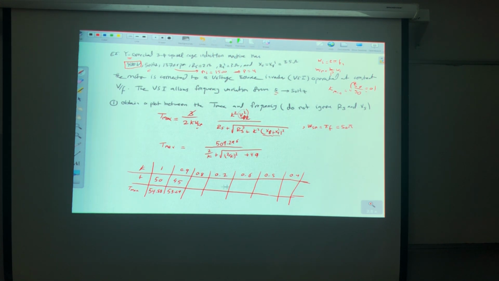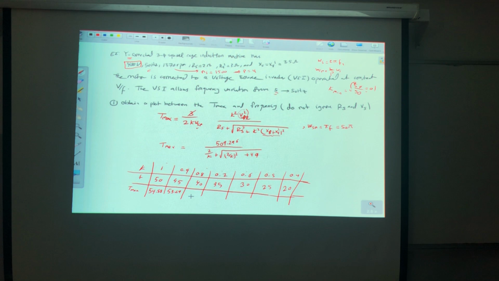So let's take only six values. 0.8, which is 40, 35, then 30, then 25. And because I'm too old, I will stop at 0.4.